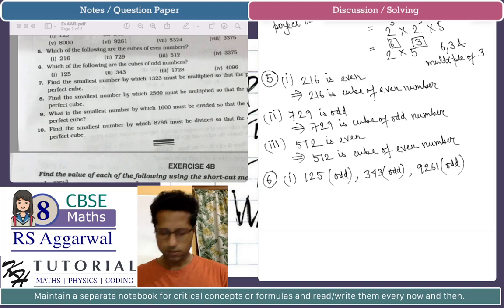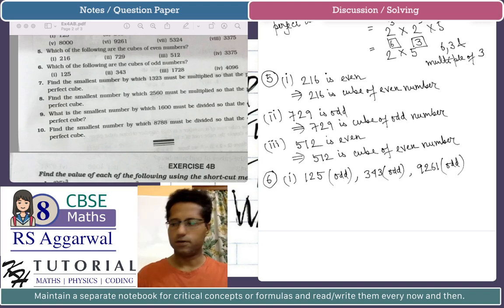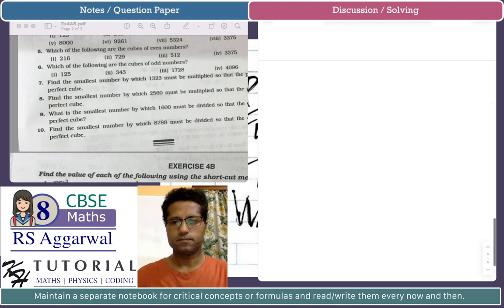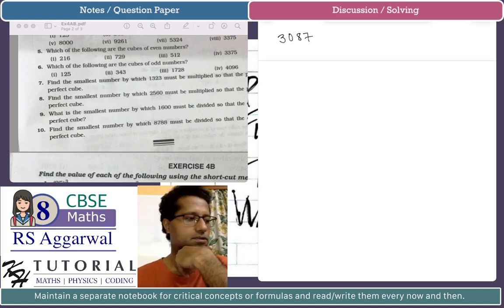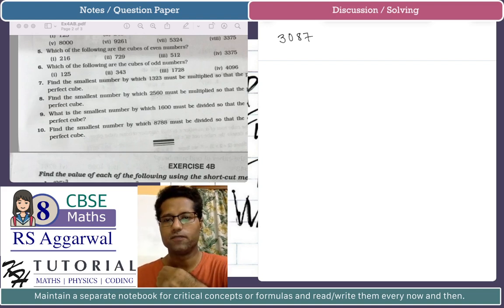So let's say we have to find the least number that must be multiplied to the number 3087 to make it a perfect cube.